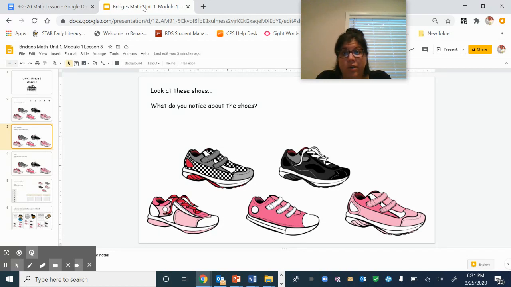All right, I'll tell you what I was thinking, and maybe you thought of the same answer, or maybe you thought of a different answer. That's okay. Something that I noticed about the shoes was at the bottom here, you see, they all had a white part over here on the bottom. That's something that I noticed.